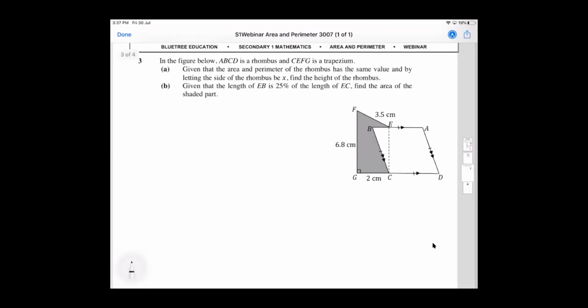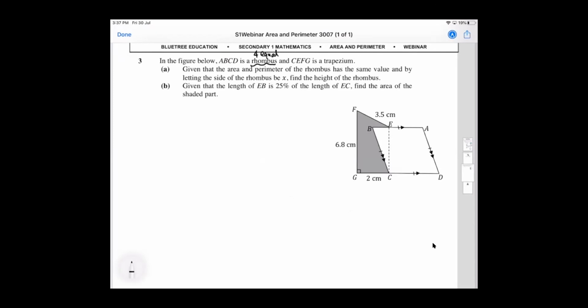Next, question number 3. In the figure below, ABCD is a rhombus. Rhombus meaning all 4 sides are equal. So we have to recall the key characteristics.